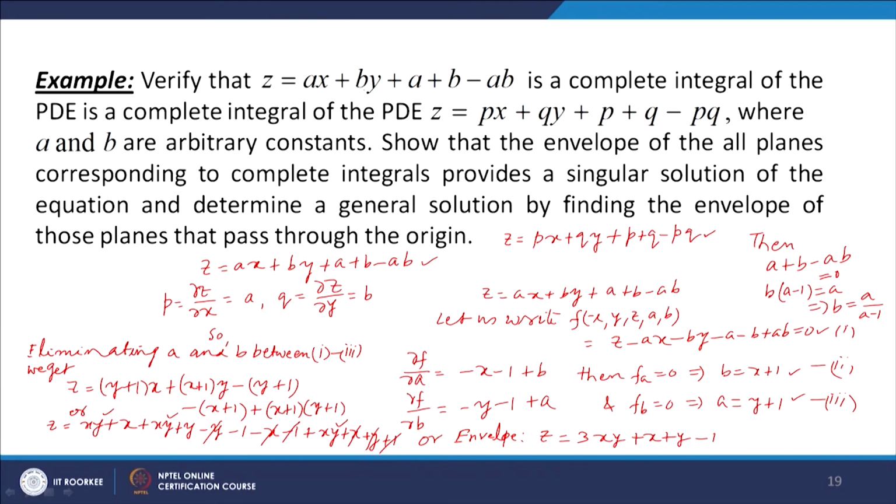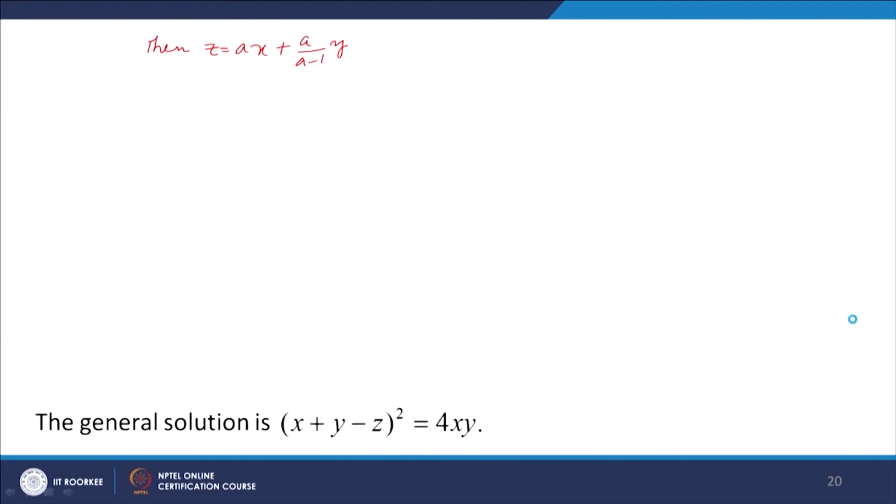So, substituting b equal to a over a minus 1, we get z equal to ax plus a over a minus 1 times y. Now, let us consider f(x, y, z, a) equal to z minus ax minus a over a minus 1 y, with phi(a).